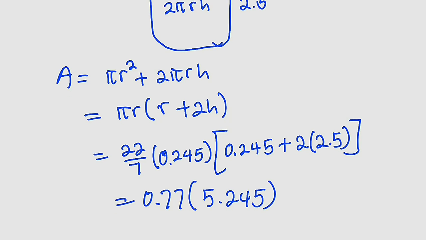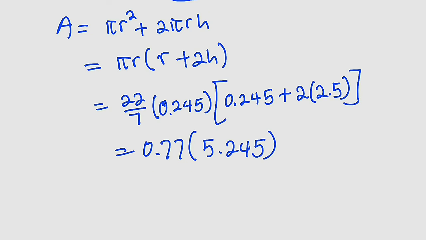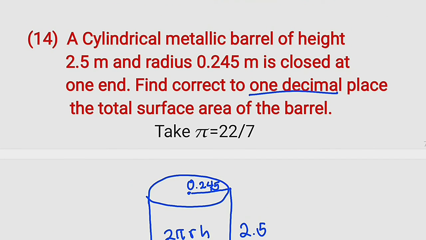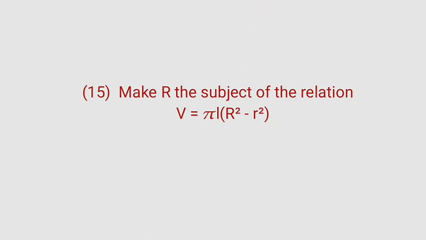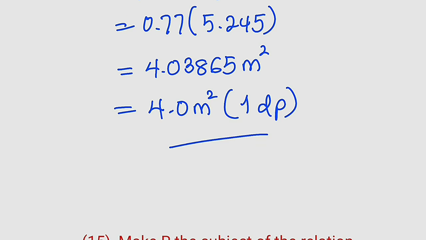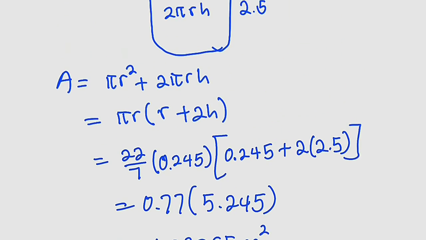So all you have to do is to multiply these two together, and if you do that, you're going to get 4.03865 meters squared. But remember, they said in one decimal place, so this is equal to 4.0 meters squared in one decimal place. And this is just the answer to this problem.